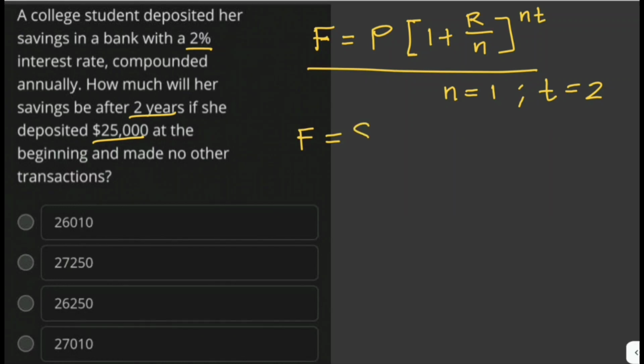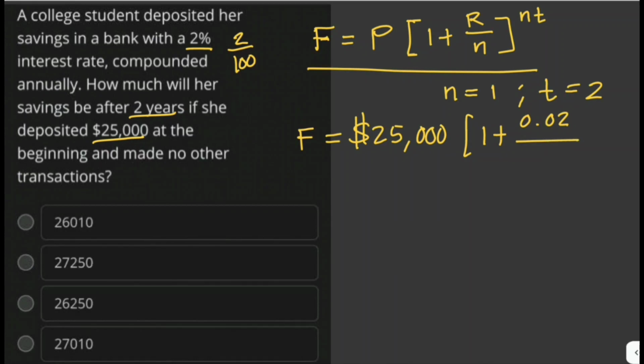Okay, so that would be $25,000 times 1 plus the rate is 2%, so that is 0.02. We just have to divide 2% by 100 over the number of times it is compounded in 1 year, which is 1, then 1 times the number of years, which is 2.